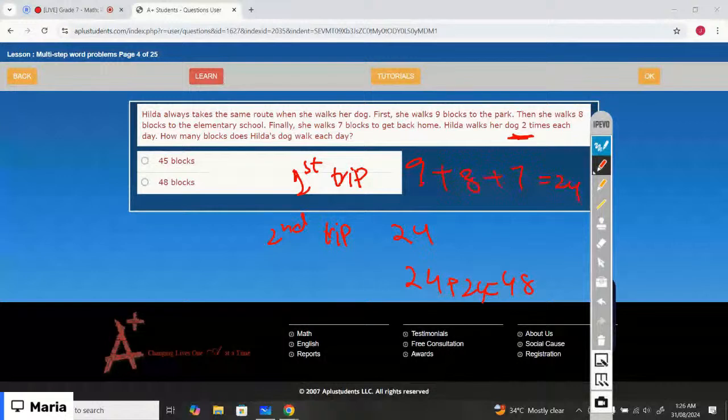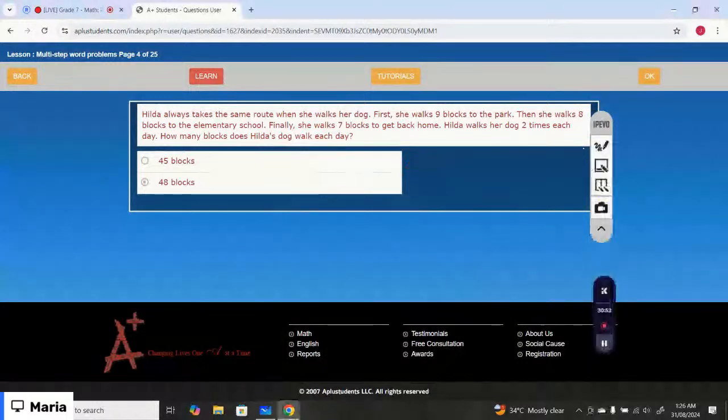Okay, so the correct option is 48 blocks. Let's just move on to the next lesson.